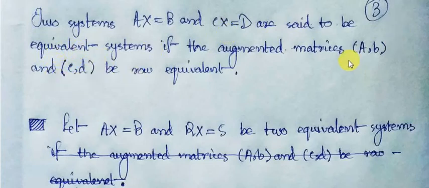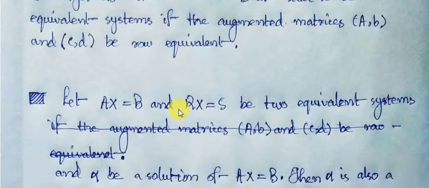If these two matrices (A, b) and (C, d) are row equivalent, then we shall call these two systems of equations equivalent systems.